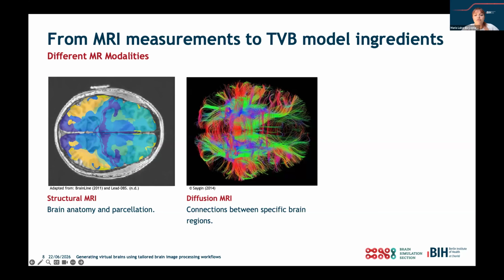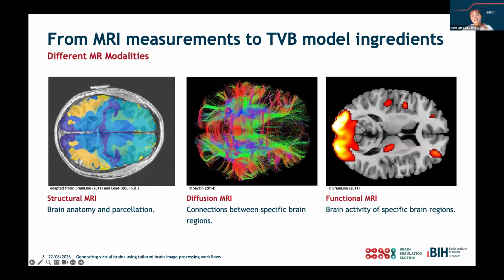Interestingly, this is a really nice image, and in 2014 it won the Image Award prize, and it was made by Zeynep. I just want to give her some credit here as well. And this one is functional MRI. Here we gain the brain activity, so we see which specific parts of the brain are active in the moment.